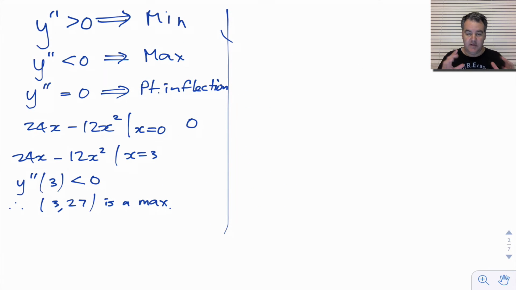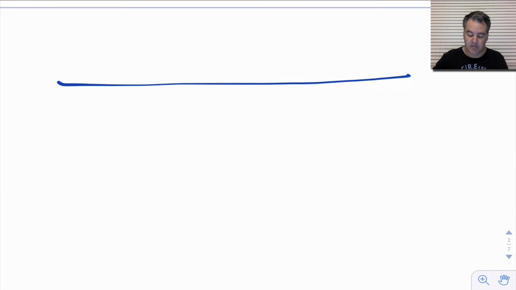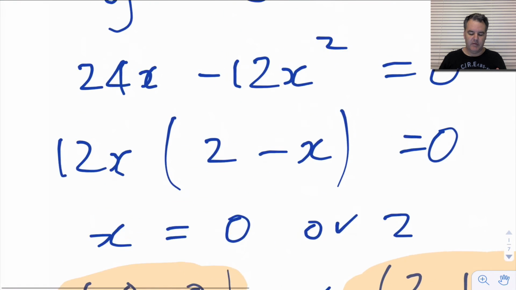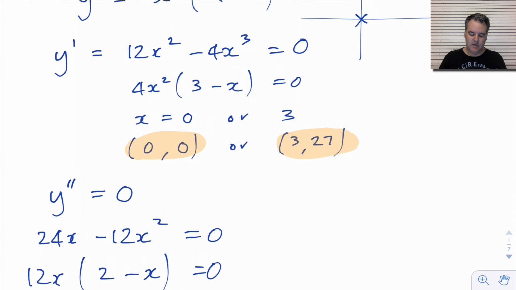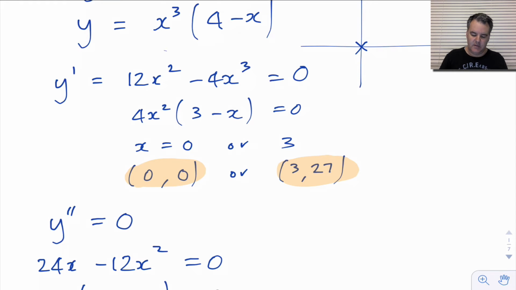Okay, so here's another way that you can work out what kind of stationary value you've got. Write them down on a little grid like there, 0 and 3, and then evaluate the derivative either side of there to see what's going on. So let's choose a value like negative 1, a value before 0, and see what's happening with the derivative. Remember, the derivative is way back up here, is this thing here.